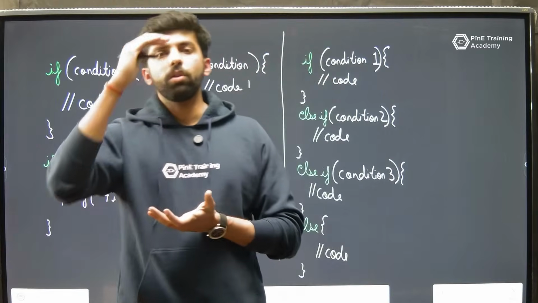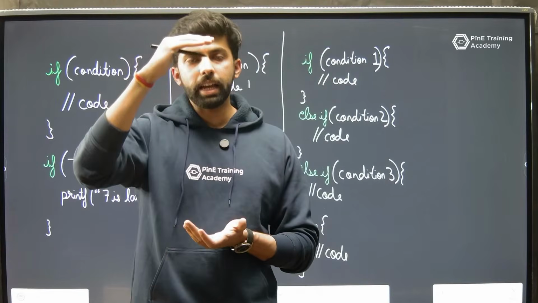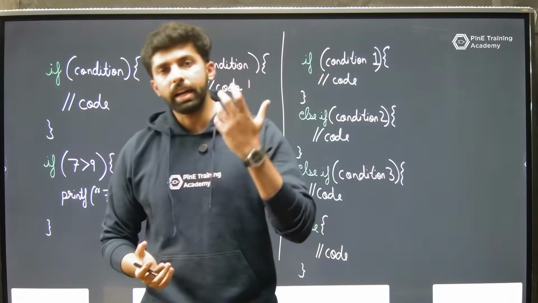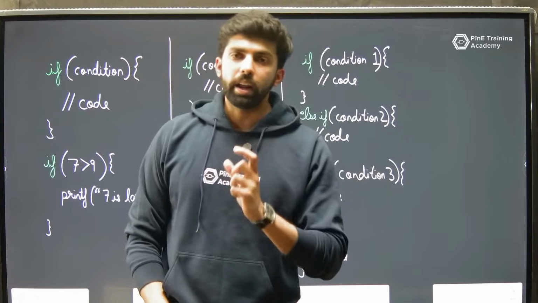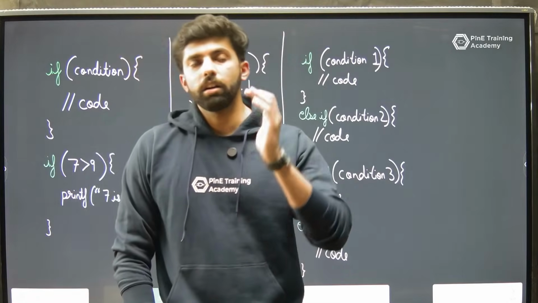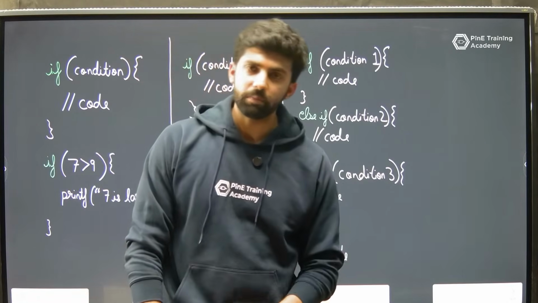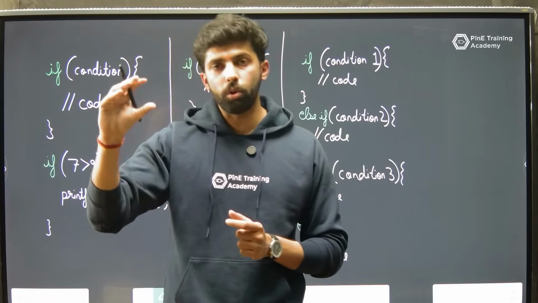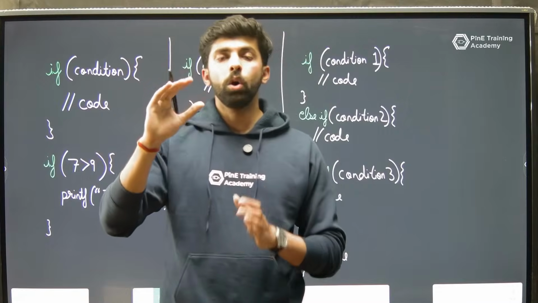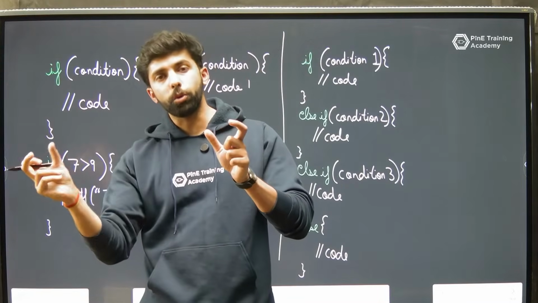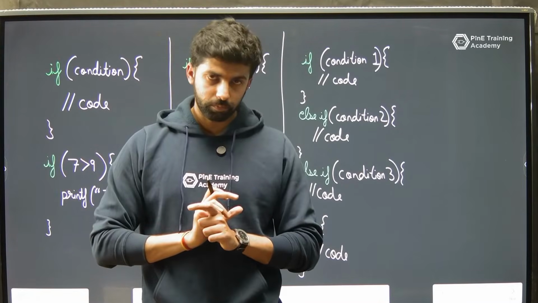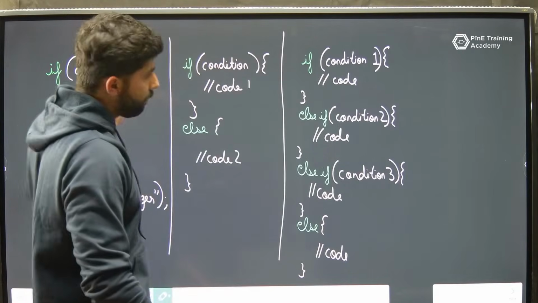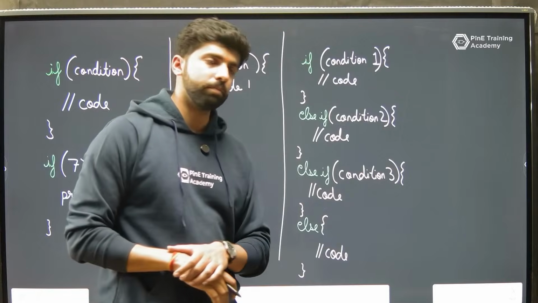When you write code, every single line will be a part of your executable file from top to bottom. But suppose you want to run certain lines only if a condition is true or false. In that case, you use if and else.